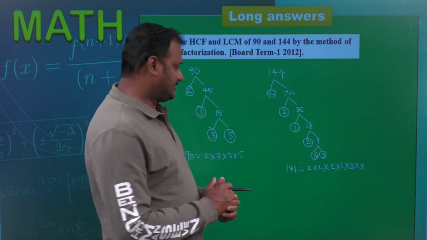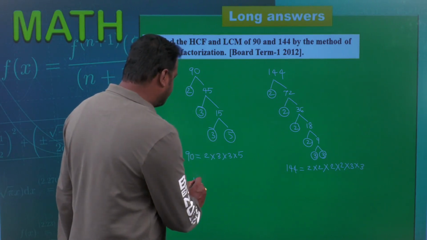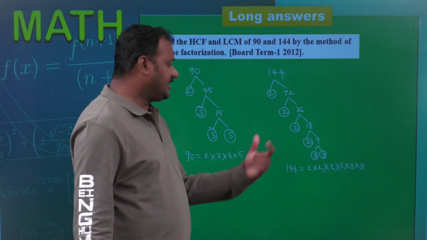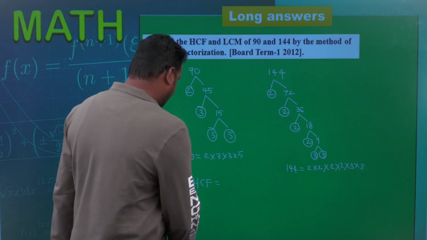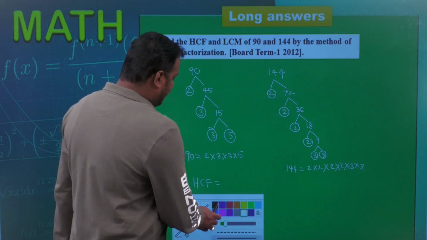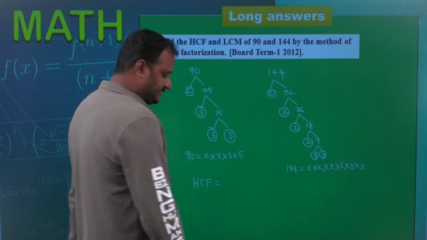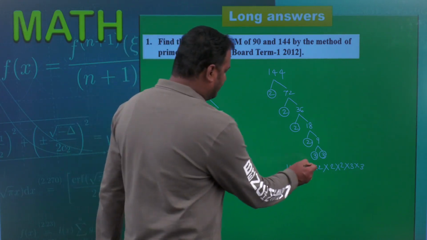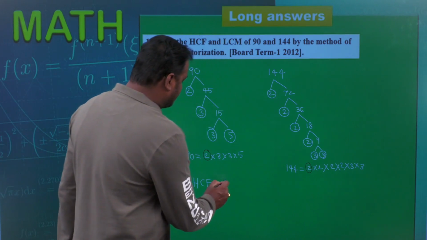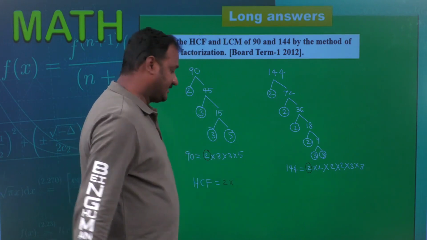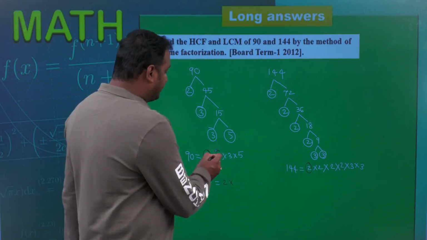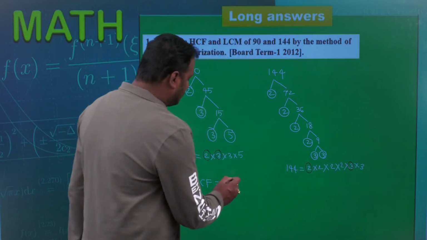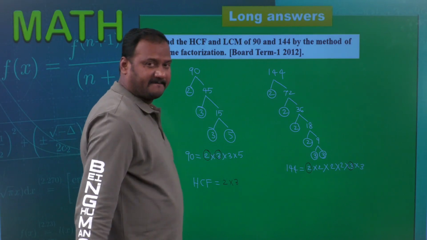HCF of these numbers. So I am going to figure out what is HCF of these two numbers. Now I have these two numbers with factors, so I am trying to figure out the common factors. Okay, see, I have a 2 here, so I have a 2. Can I write 2 as the common factor? Yes. Next, you have 3 here and you have 3 here also, so 2 into 3, right?